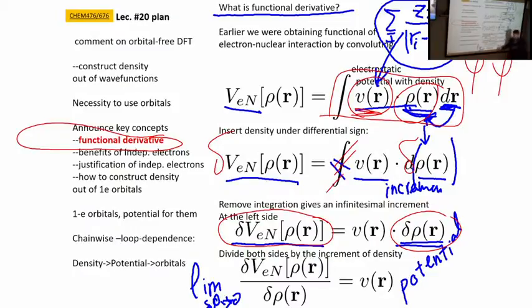Just look at it and make yourself familiar and make sure that you do not have conflict with this equation. And same as in calculus, you can see that in the limit of this increment of density going to zero, infinitesimal, it's a functional calculus. Instead of the usual derivative, you have the functional derivative.